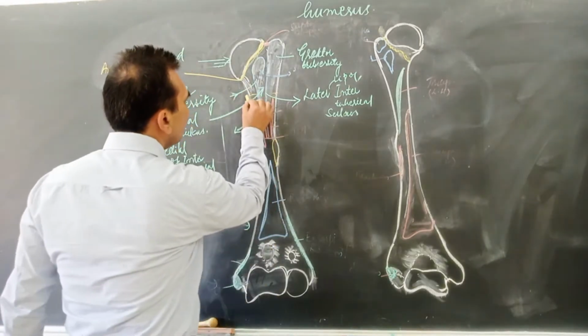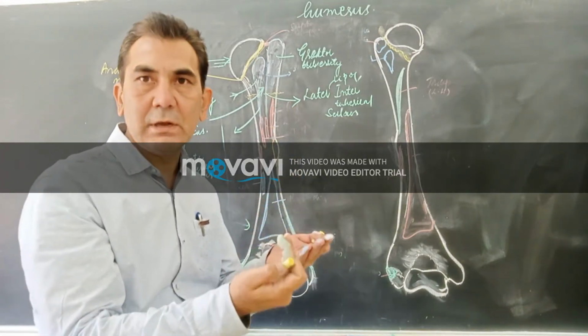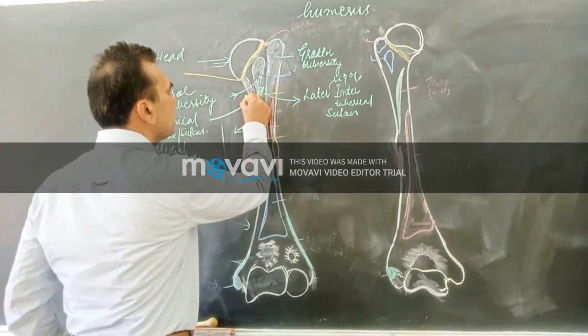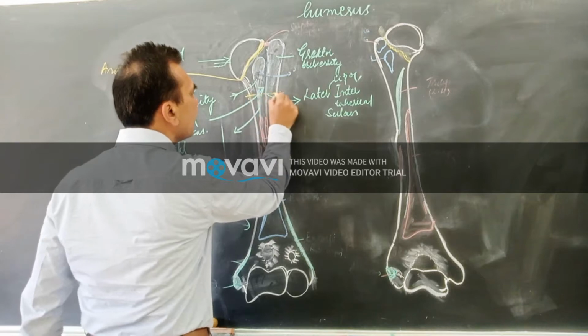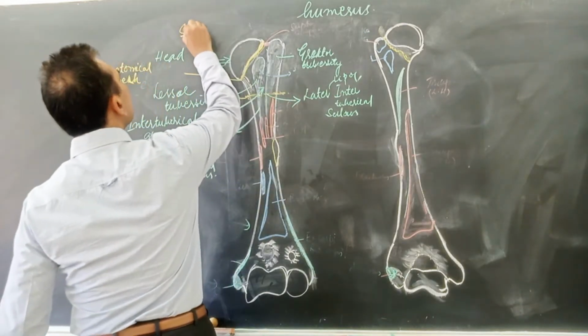Another neck is here, just below the greater tuberosity and lesser tuberosity, and this neck is called the surgical neck.